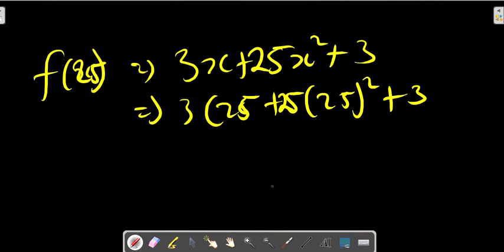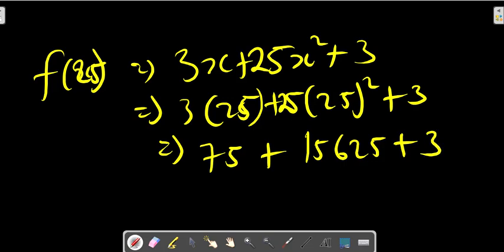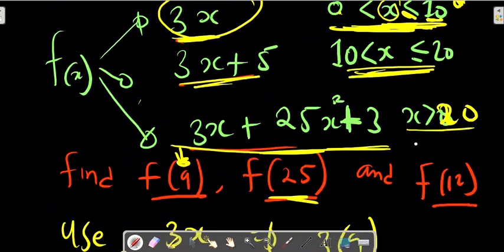Three times 25 gives 75. With 25 in 3 places, it's going to be 25 cubed, which gives 15,625, and then plus 3. So when we add all of this up, we get 15,703.